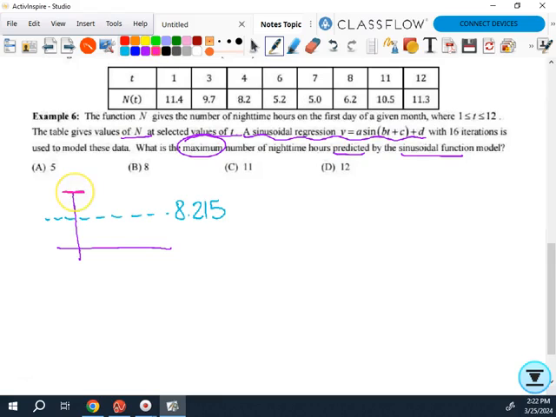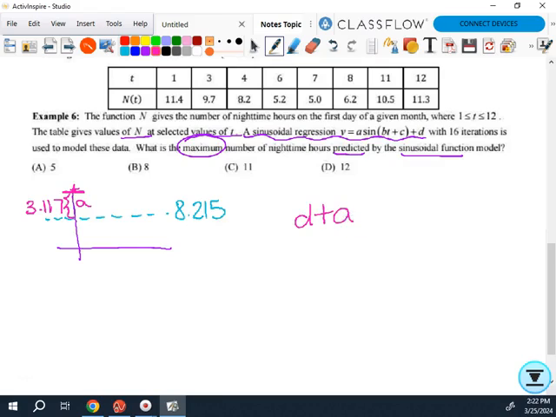If I want this number, I need to add this to it. What does this in general represent? What is this part called? Amplitude. This is A, your amplitude. On the calculator, what does it say A is? Okay, 3.117, we'll put that. So to find the maximum value here, I'm going to take D and add A to it.